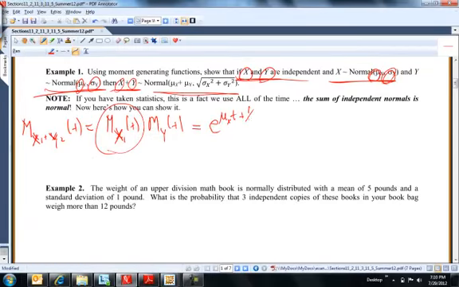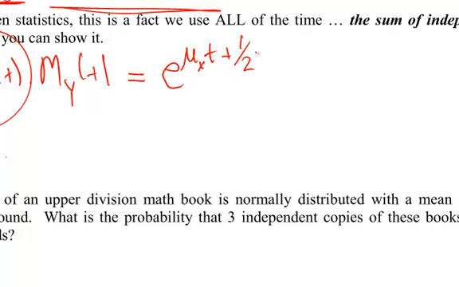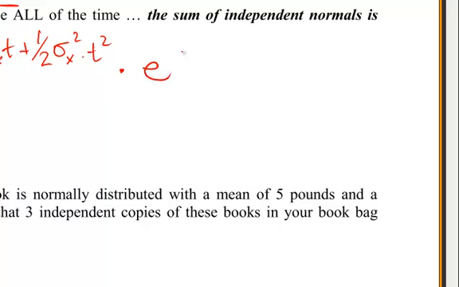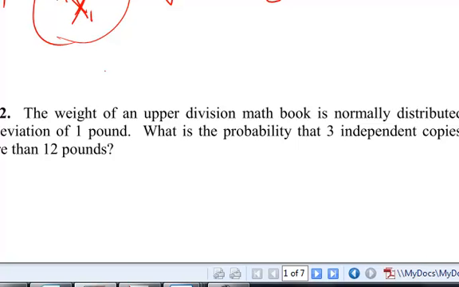So half sigma x squared times t squared. Okay, and the moment generating function for Y is e to the mu y t plus 1/2 sigma y squared t squared. So we can combine those.